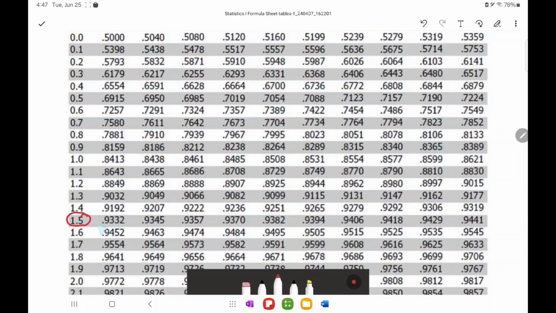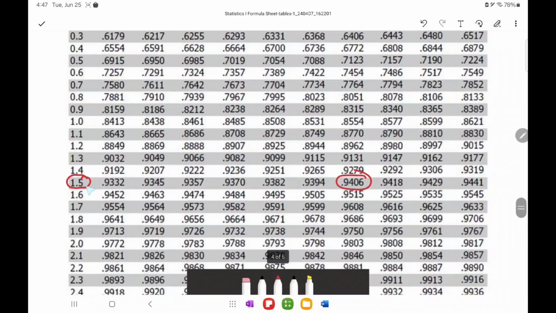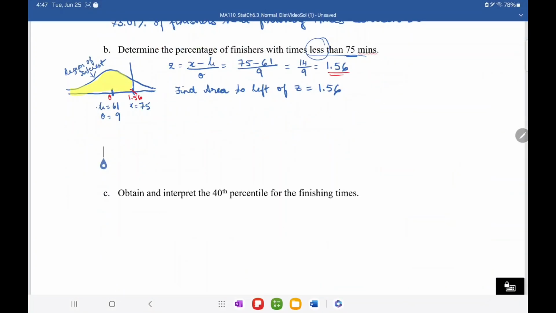We have to look for the column which has the second decimal place of 6, or 0.06. So 0, 1, 2, 3, 4, 5, 6. It would be this value really. So 1.5 and this column for 6 in the second decimal place gives 0.9406, and that's our answer.